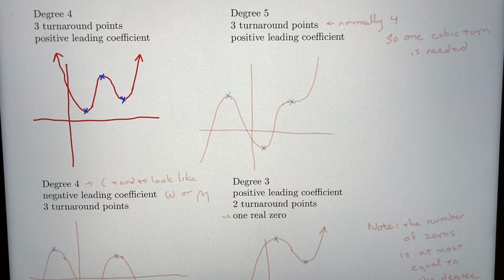Okay, so degree 5, 3 turnaround points. There would normally be 4. So I must have had 1 cubic turn. And it turns out, well, you can put it anywhere.